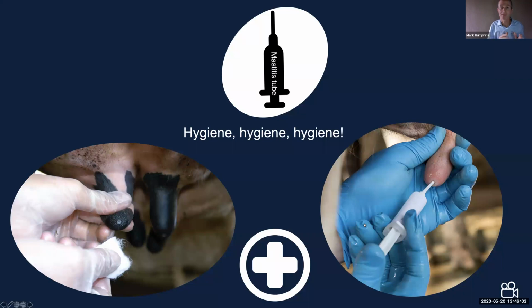On some farms, there is one cow out of those 10 that comes back for a second time in that lactation. In other farms, it's up to 5 or 6 of the 10 cows that repeat with a second case of mastitis. And it's nothing to do with the drug. It's nothing to do with the bug. It is to do with the hygiene and management around treating that clinical mastitis.